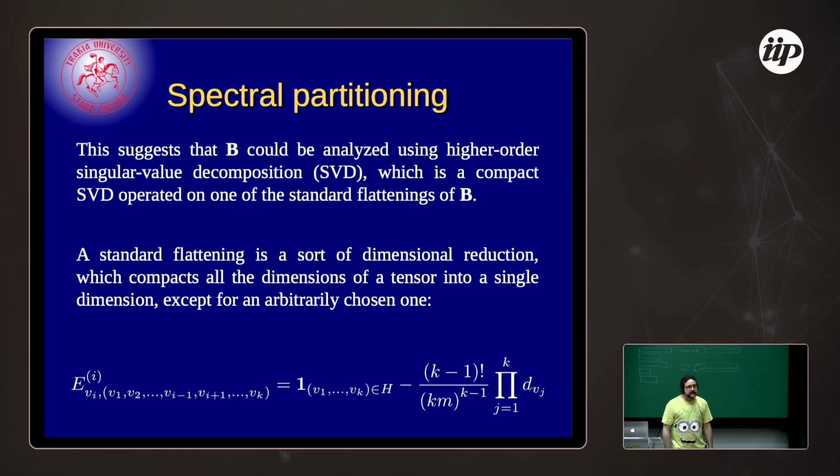So first of all, what is a higher order SVD? I think it's fairly common nowadays, but just to make sure everyone is on the same page, it's a compact singular value decomposition that you operate on one of the standard flattenings of the data tensor. Now, what is a standard flattening? A standard flattening is a kind of dimensionality reduction operation. You take this higher order object, you take all the dimensions except one, your choice, and you flatten it onto one direction.